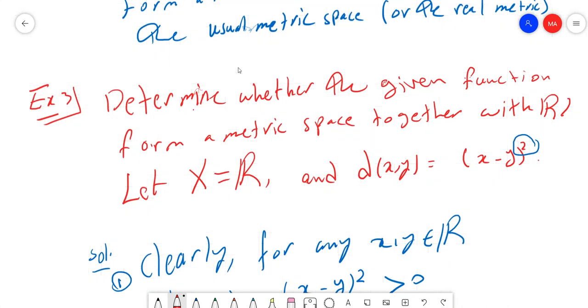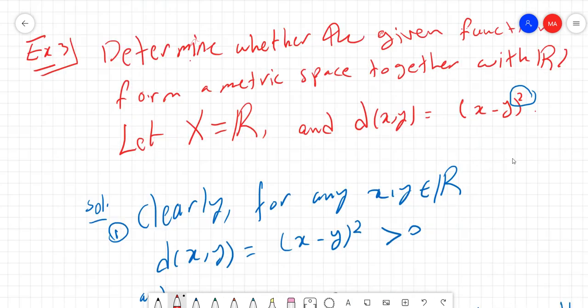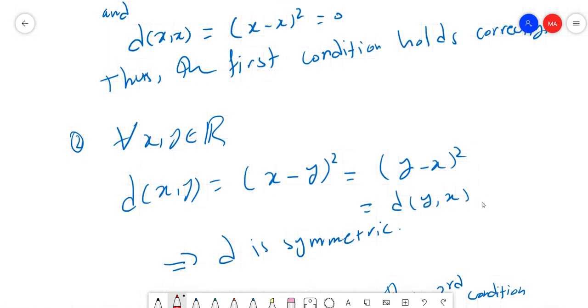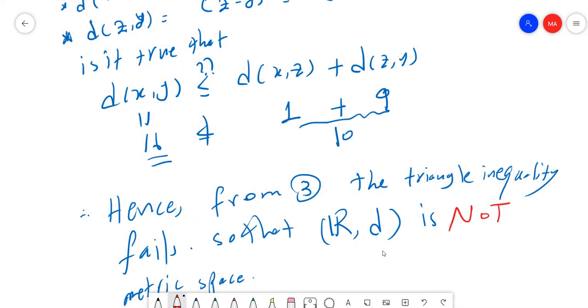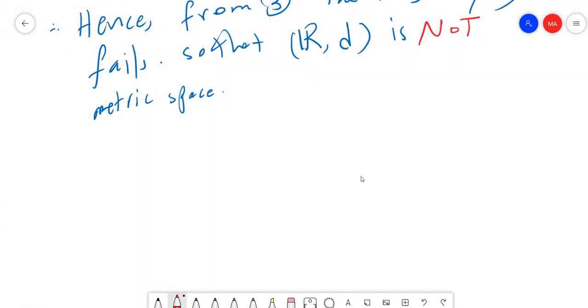It remains to define a metric on higher dimensions of R or any set other than R. Example 4.